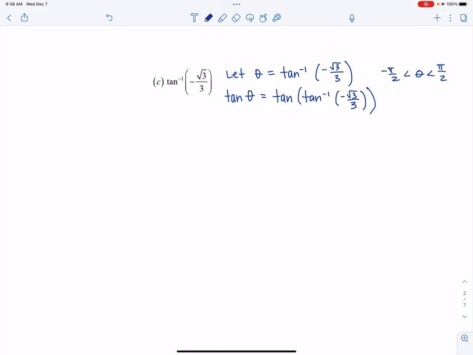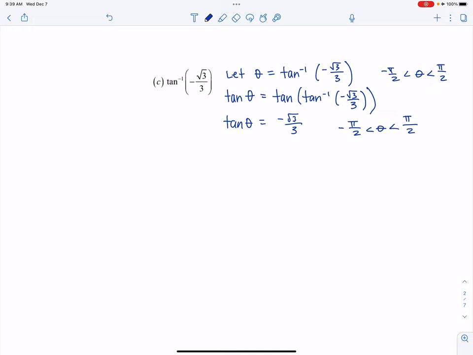Which tangent of tangent inverse is going to leave us with tangent theta on this side and negative root 3 over 3 on this side. And we're still following the restrictions that were given.